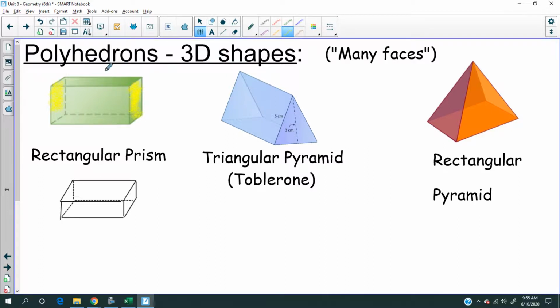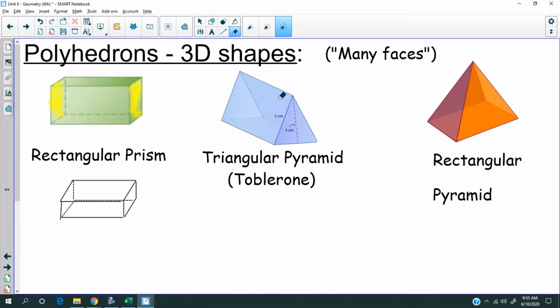Okay, so whereas the rectangular prism is actually defined by the 2 rectangles here, thus making this a box, a triangular pyramid is defined by the triangles on one end and then the other. Okay, so that would make that a triangular pyramid.